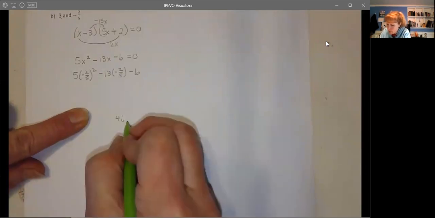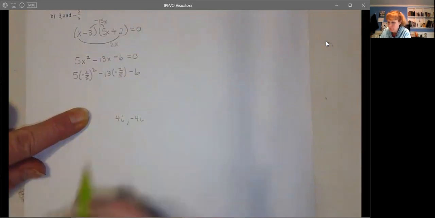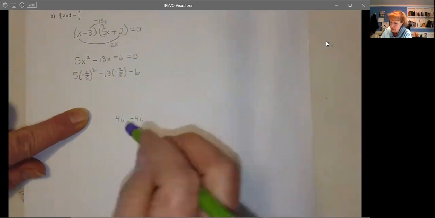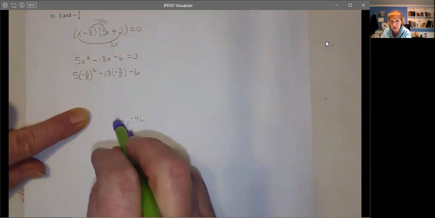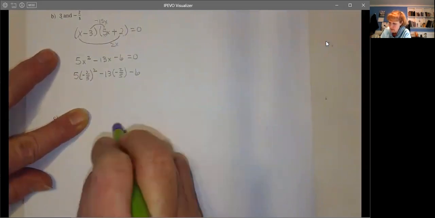You would have to add the negative 4i. You will never have one without the other. So keep in mind that they'll always come as conjugate pairs. If you're only given one, go ahead and add the other one. It's there. But I'll just go ahead and give you both of them.